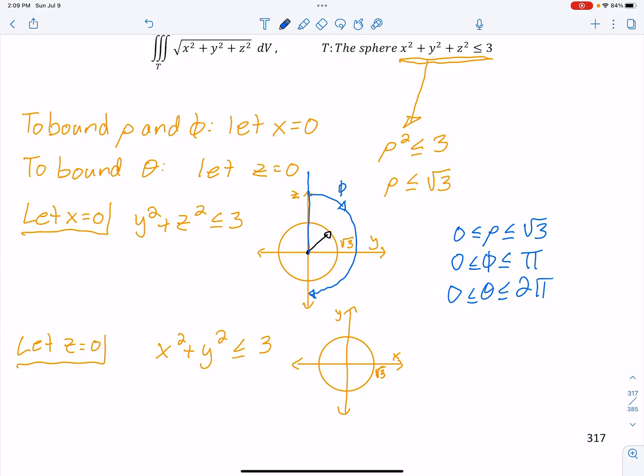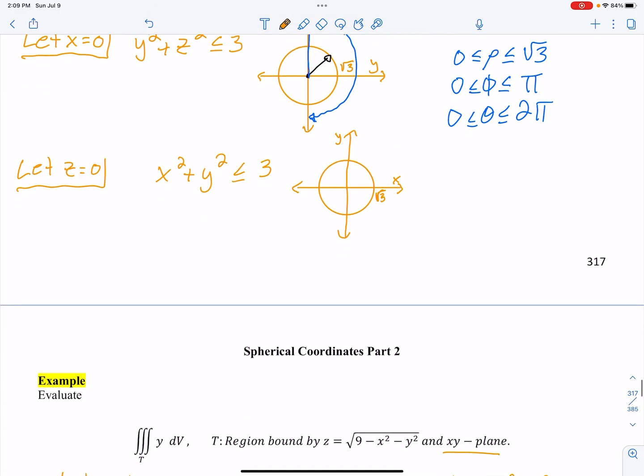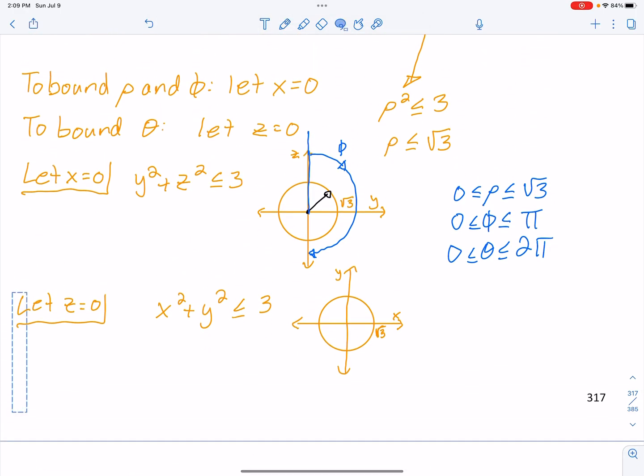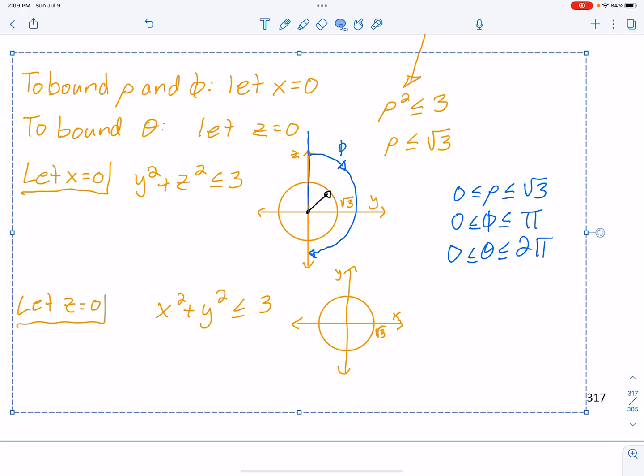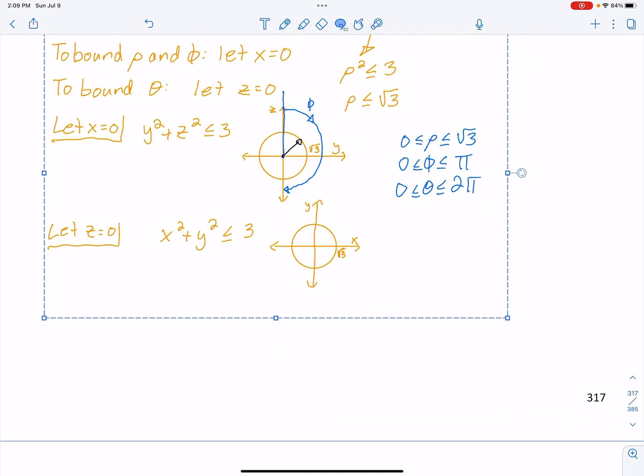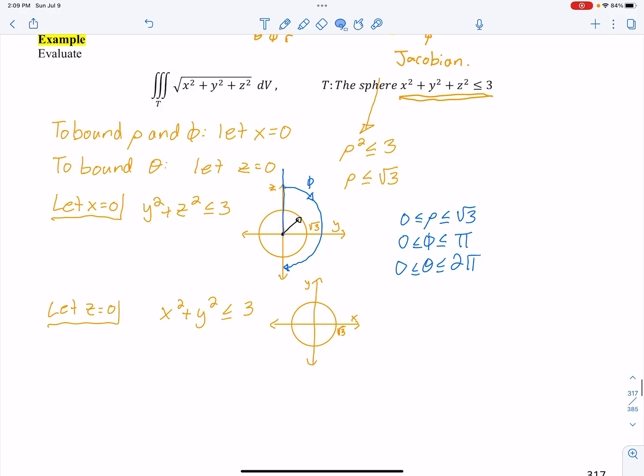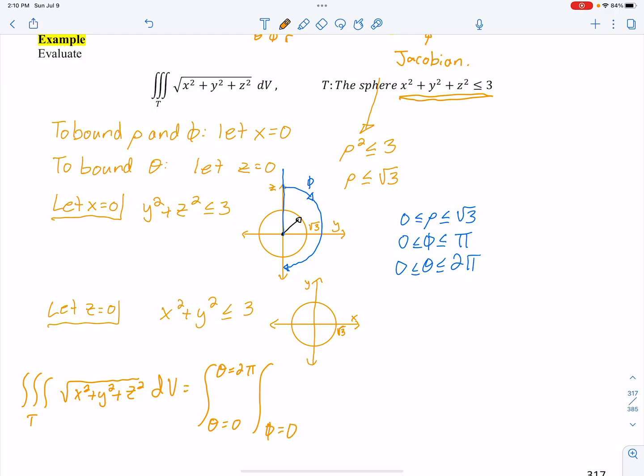So let's go ahead and write down our new integral. All right, said integral, okay, that is the triple integral over T of the square root of x squared plus y squared plus z squared dV. All right, now we have everything we need. We have theta between 0 and 2 pi. We also know that phi is between 0 and pi.